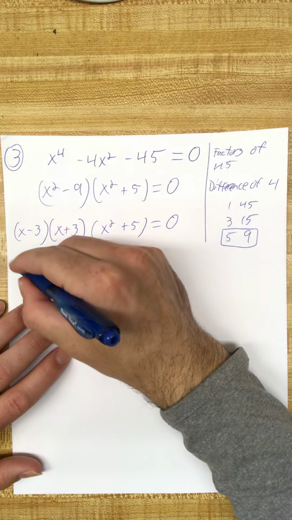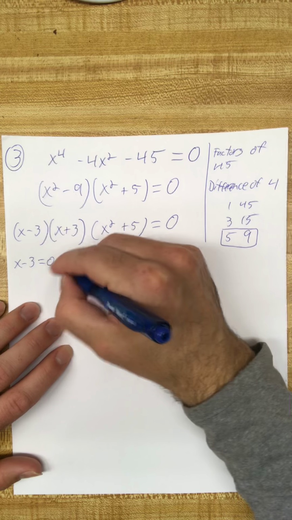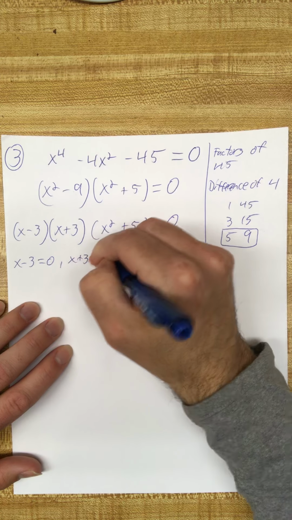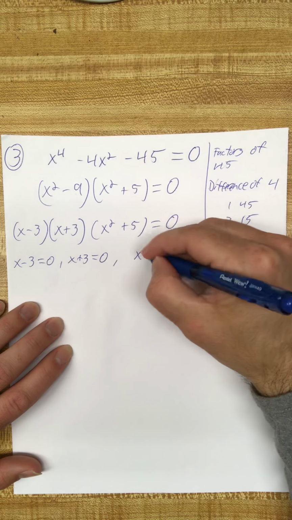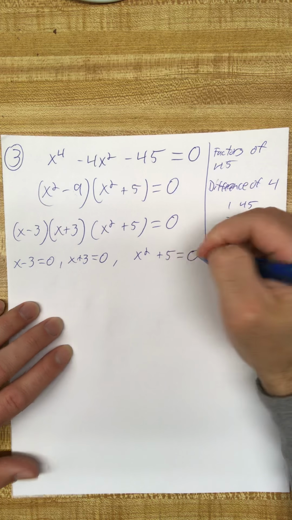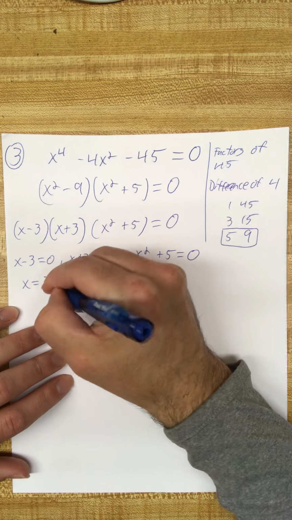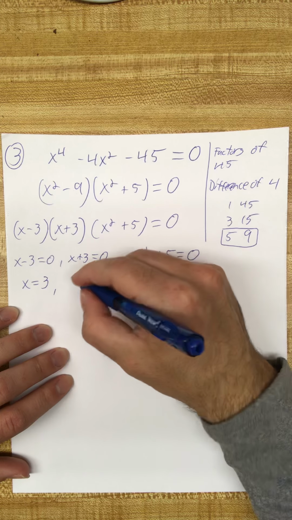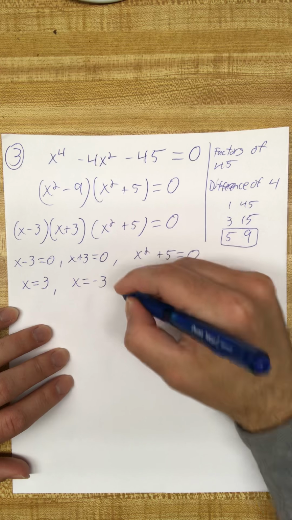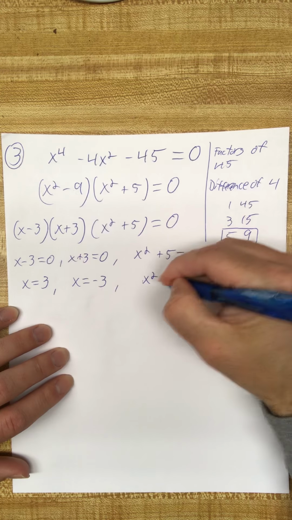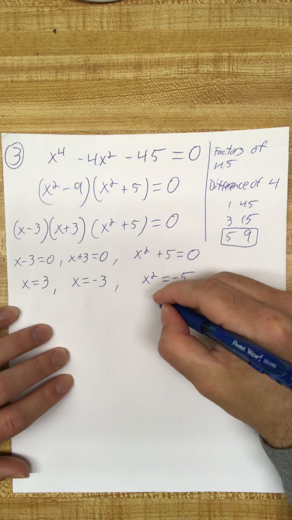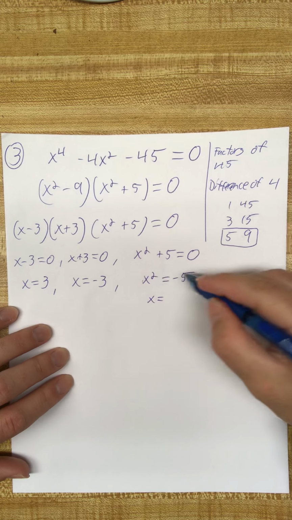So next up, set all these equal to 0. So you get x equals 3, x equals negative 3. So we get x squared equals negative 5.